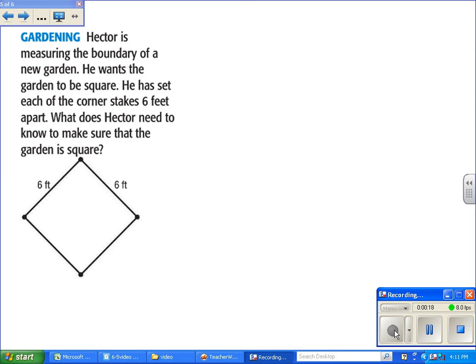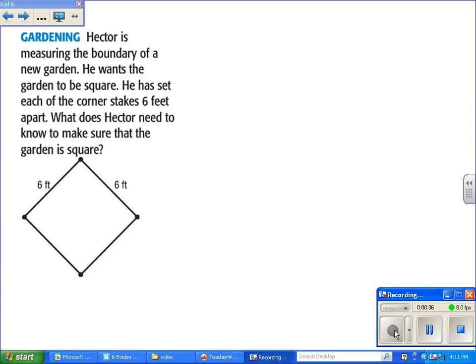According to 6.20, if you have a rectangle that is a rhombus, you have a square. So, if we want to prove that something's a rectangle, we have to establish that we have 90-degree angles.